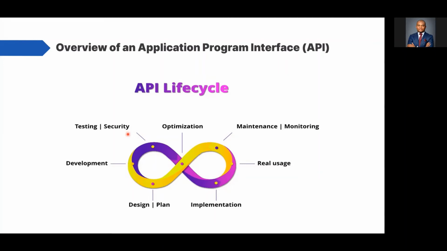The implementation. Now, this is where we have our API published. The API can be published either on a public server, the internet, or on a private organization server, whereby it is ready for consumption. And at this stage, there is a series of documentation, a series of access control and privilege management that must have gone into place before we can conclude the implementation phase.